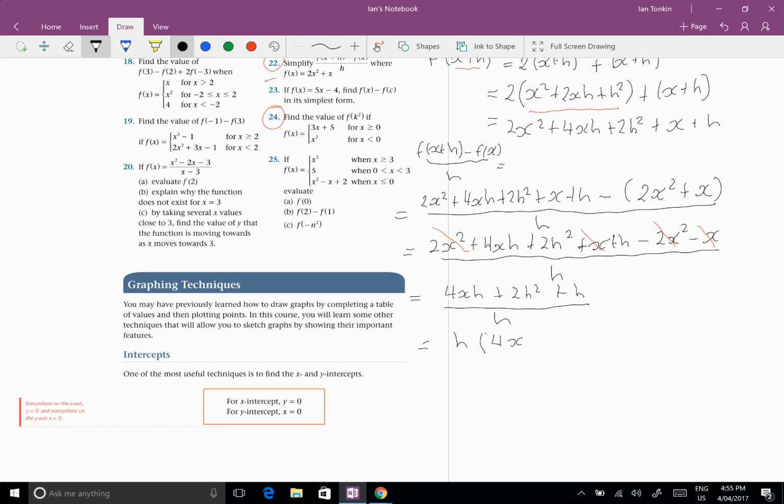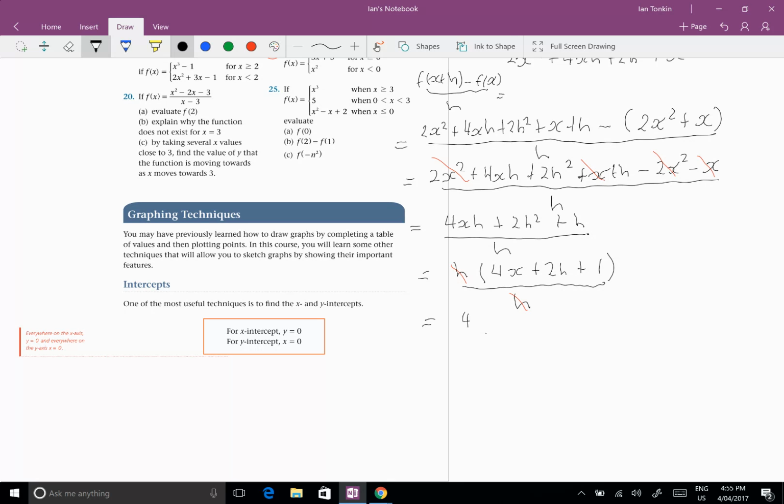I'm going to get h times 4x plus 2h plus, oh, please be careful here, don't leave it as 0. If you take the h out of that bit, you're left with 1. Don't say it's 0. Please don't do that. And now, because it's multiplied top and bottom, I can cancel that h. And what am I left with? Very easy. 4x plus 2h plus 1. And I'll look at the answers and I'm correct.